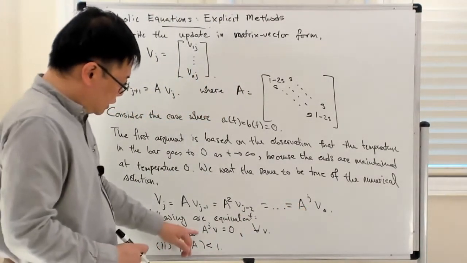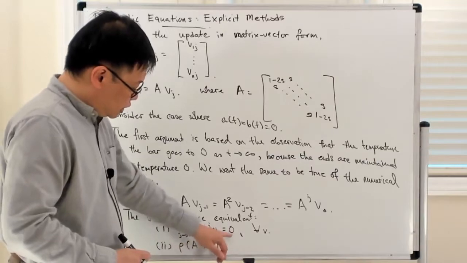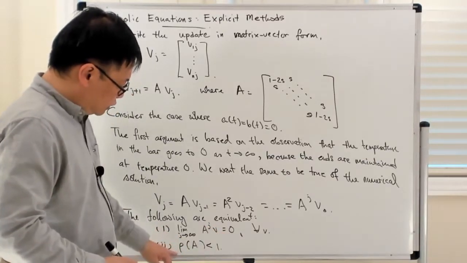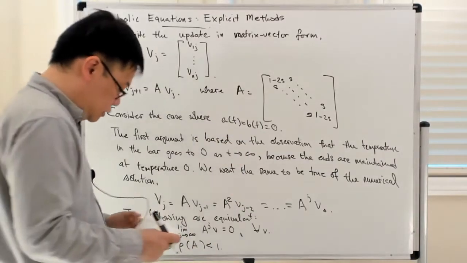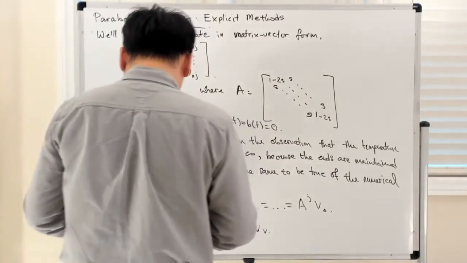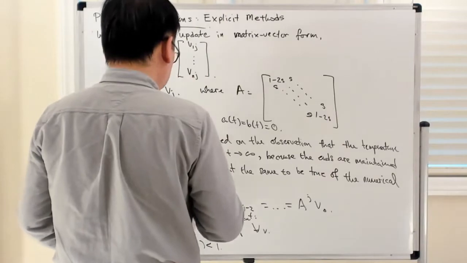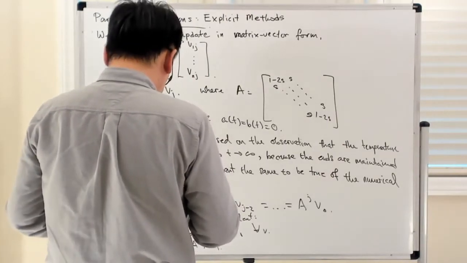That's basically this condition here, and this condition is equivalent to the spectral radius of this matrix A being less than 1. Okay? All right. So that's the condition which we need to have.